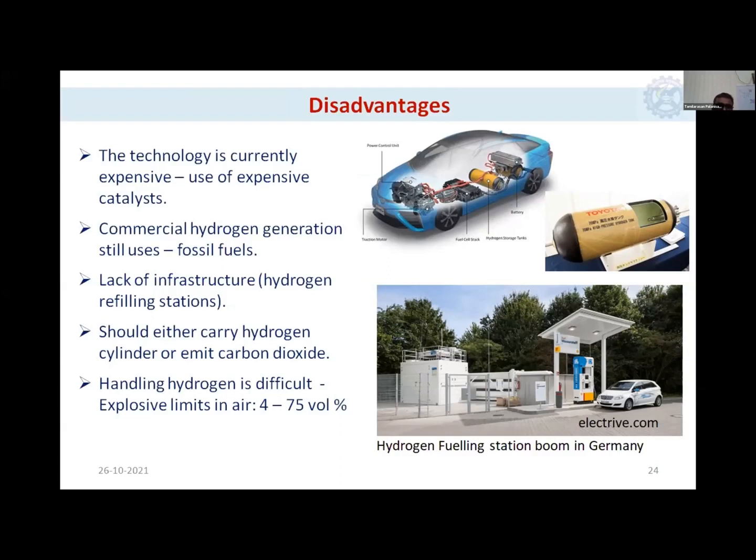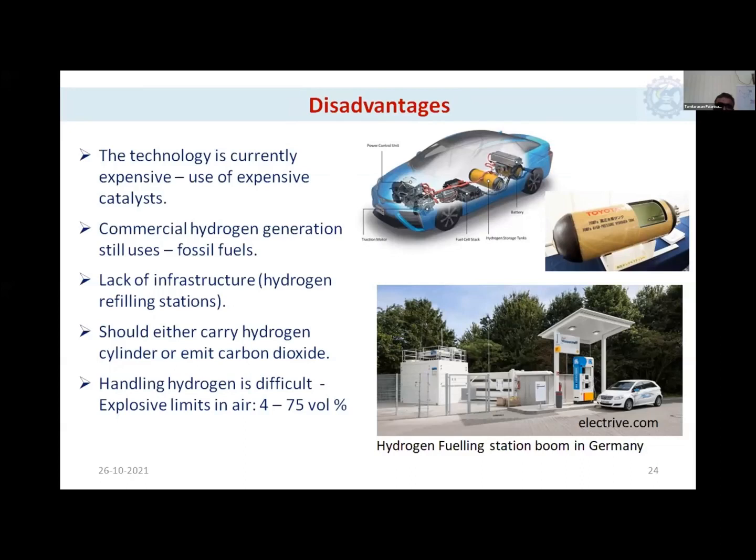And at the end, handling hydrogen is also very difficult. Hydrogen is explosive when it is in contact with air at 4 to 75 volume percent. So we have high pressure hydrogen in a cylinder, and it is explosive in this particular volume percentage concentration.